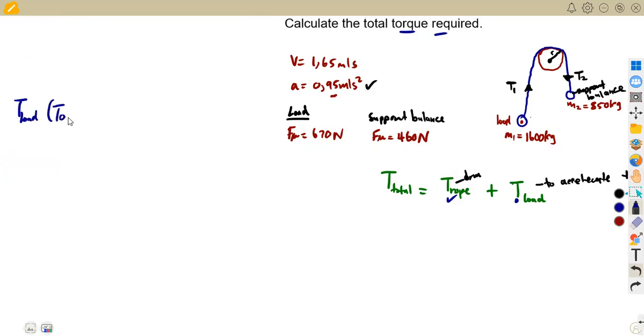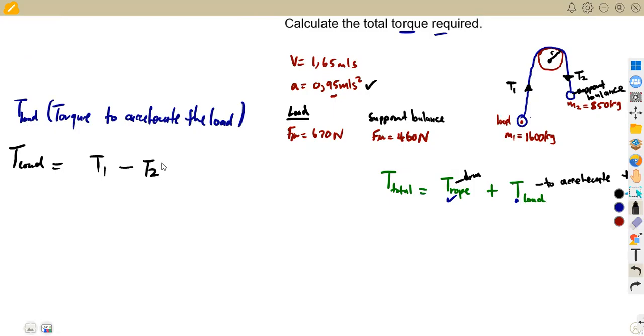That is the torque to accelerate the load. So T load is simply taken from the formula T1 minus T2 times the radius of the drum in this case. But if we check, we do not have T1, we do not have T2. So T1 is due to acceleration as we are going up.